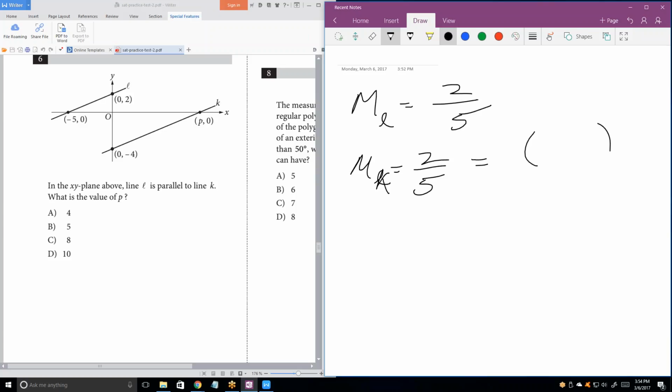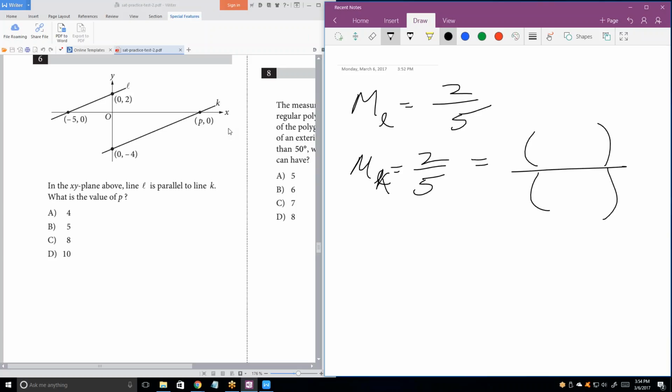And then how would I figure out the slope of line K? Based on the coordinates. It's the rise, negative 4 minus 0.